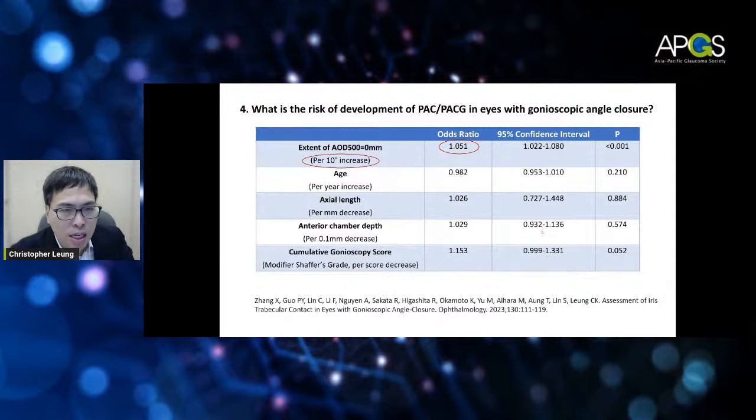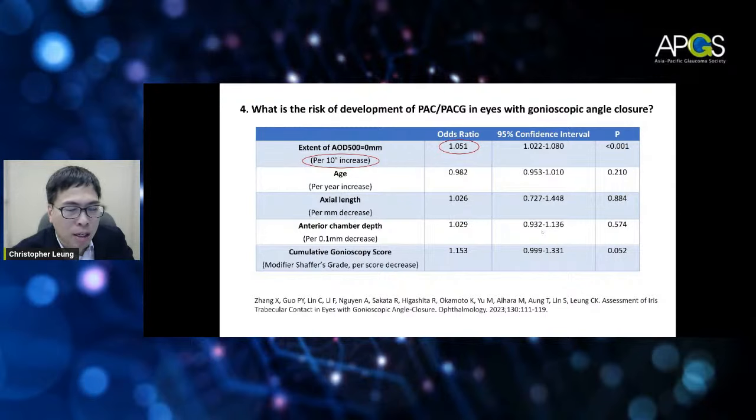What is most interesting here is that the extent of ITC is actually related to the risk of PAC and PACG. By definition, PACS eyes had no elevation of IOP, but PAC and PACG, by definition, had elevation of IOP. It is intuitive, and by common sense we know it is the case, and we found here, using AS-OCT data, support for the argument.